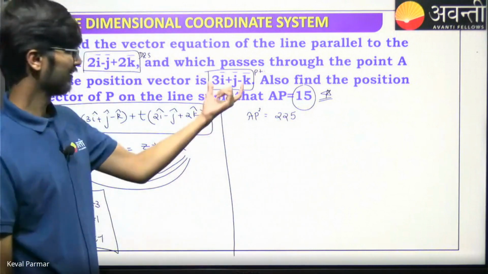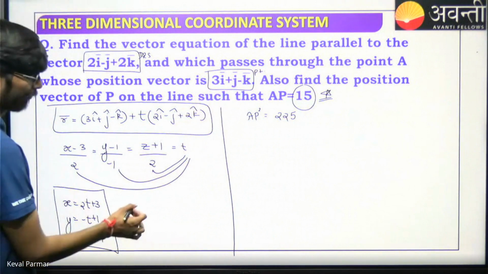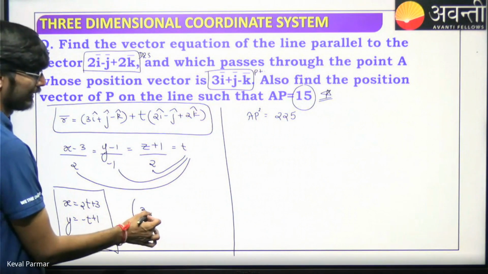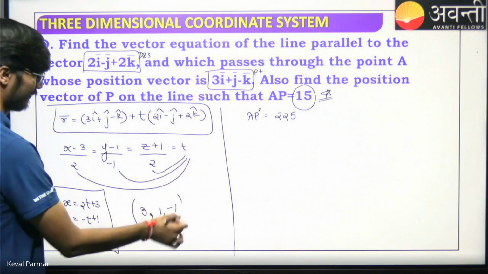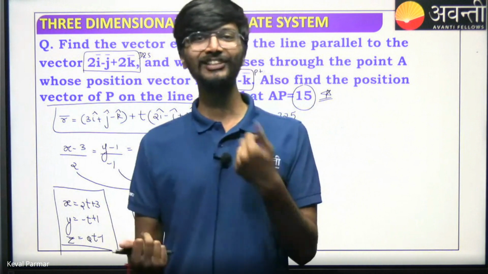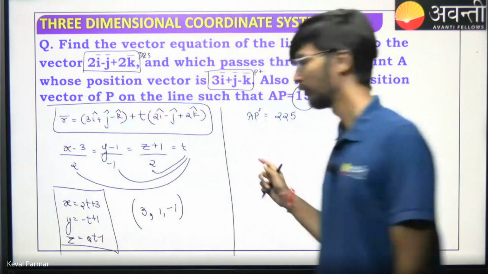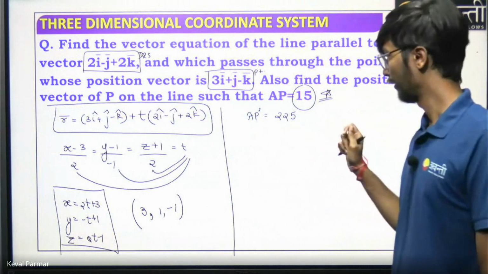What is A? Here is the point A, here is the point P. Let me write point A: 3, 1, minus 1. So I can use the distance formula here. I hope you can see the board, right?